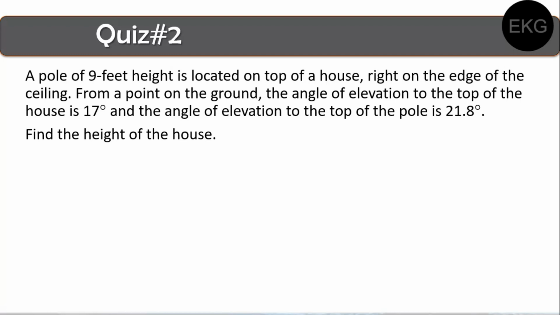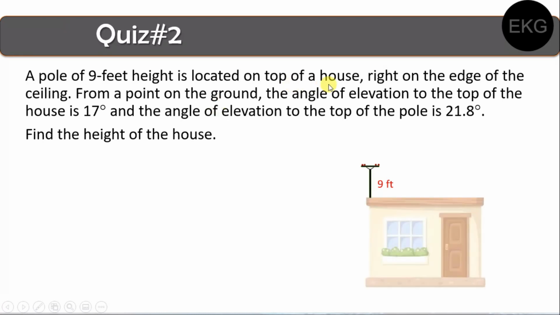Now to illustrate this problem, you have the pole, which is 9 feet, located on top of a house. So you have this house, and the pole is right on the edge of the ceiling. Actually, the source of this problem has a drawing, but it is in black and white, so I just made it more colorful for this presentation.